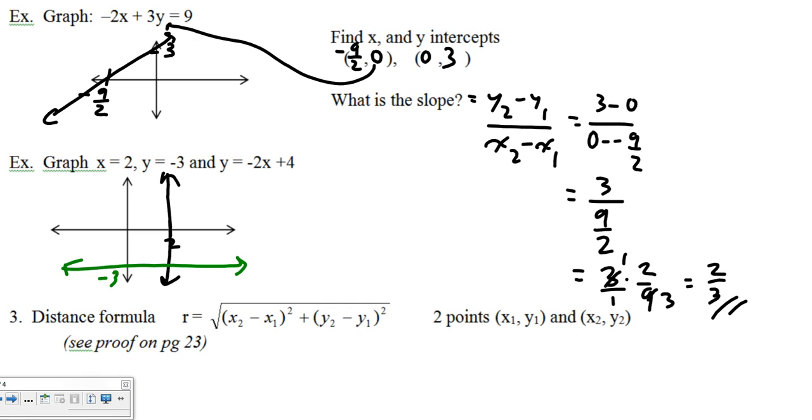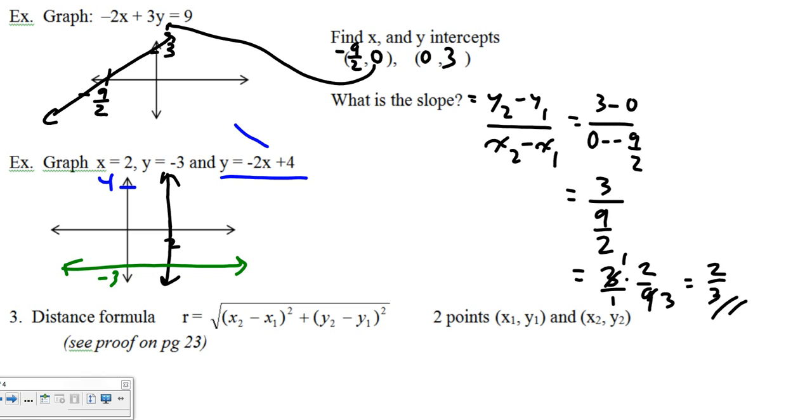This other one, however, is going to be y equals negative 2x plus 4. This is in slope-intercept form. You can identify the y-intercept and the slope. Start with the y-intercept and click off the slope. I have to remember the slope is negative, which means it's going to actually rise to the left. So I'm going to start with 4.